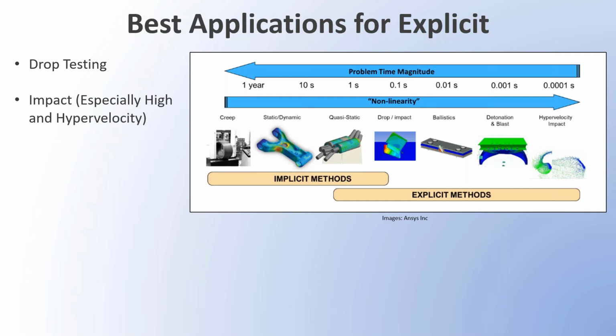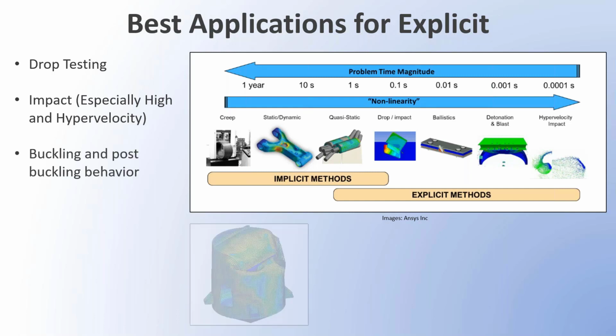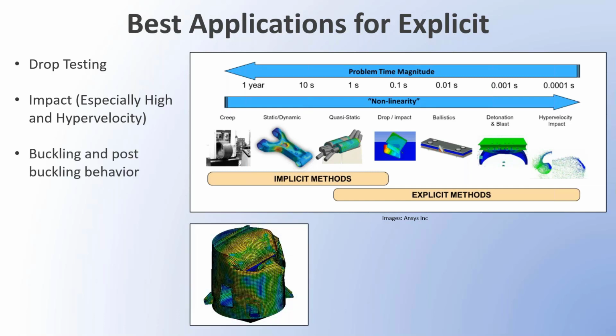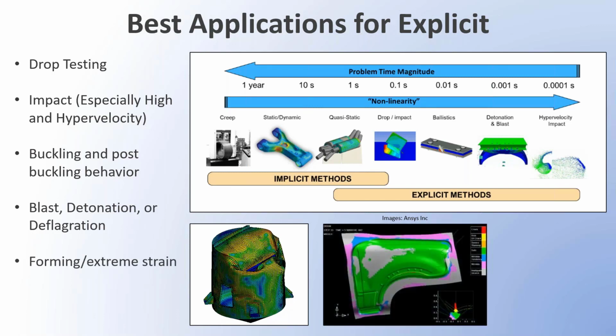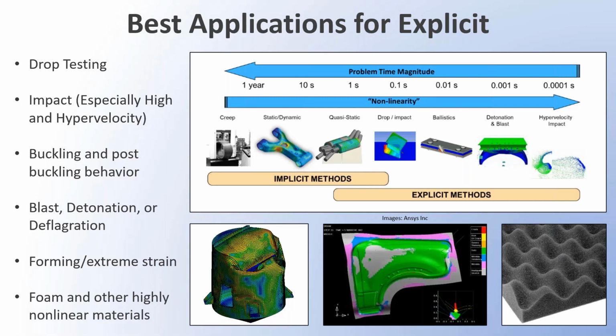Then any sort of high and hypervelocity impact, buckling and post-buckling behavior, any sort of blast, detonation, deflagration, anything that blows up, really. Forming in a situation where you get extreme strain, especially things like drawing, forming, crimping, that sort of thing. And any highly complex materials can be simulated really well in explicit dynamics. That all goes back to the fact that convergence isn't an issue.